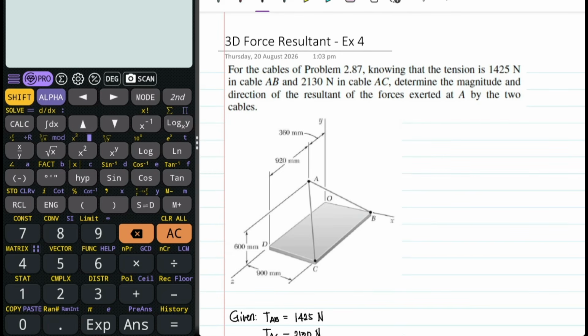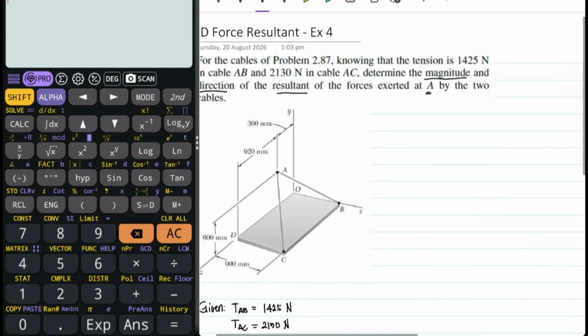For the cables, knowing that the tension is 1425 newtons in cable AB and 2130 newtons in cable AC, determine the magnitude and direction of the resultant of the forces exerted at A by the two cables.